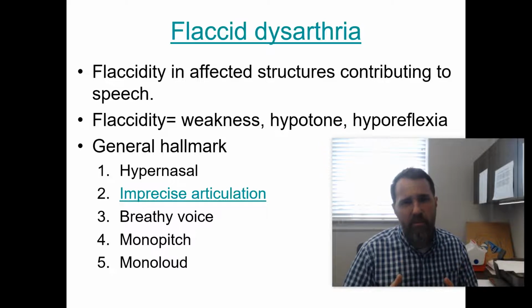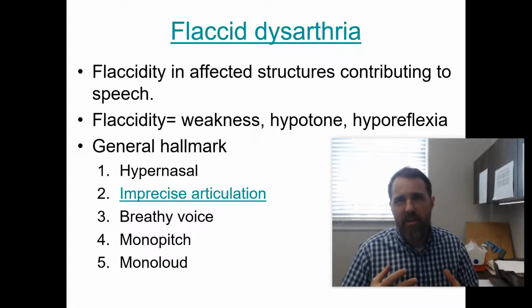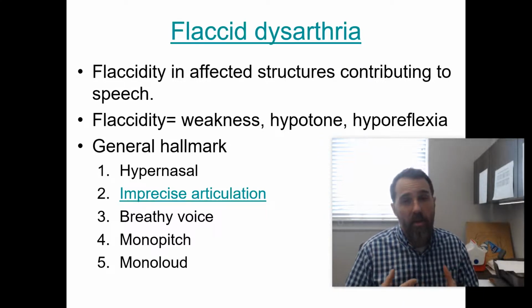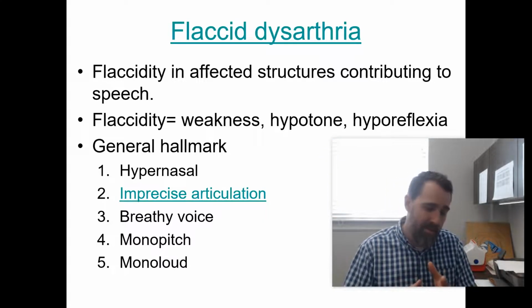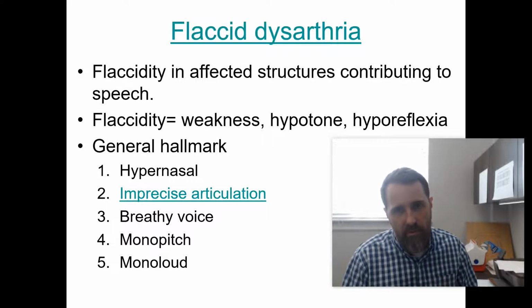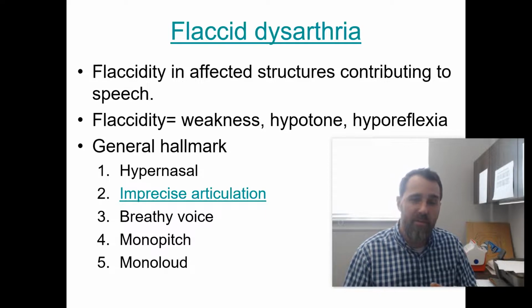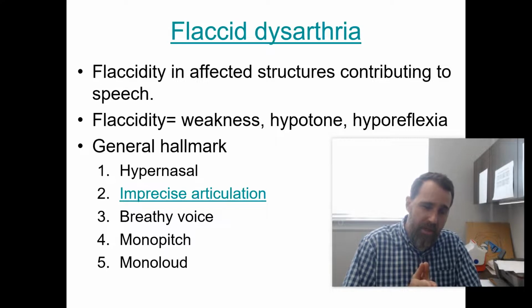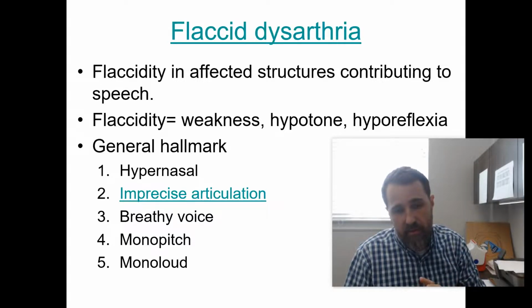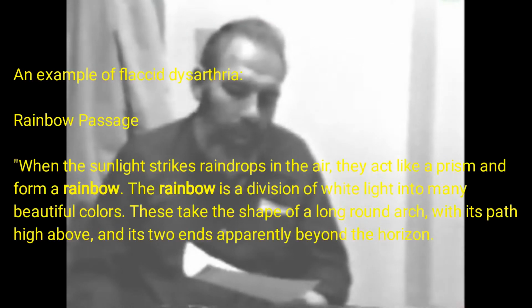There tends to be some imprecise articulation, which is usually caused by flaccid weakness of the lips and the tongue, breathy voice because of the weakness of the vocal folds, monopitch, monoloud, which tends to be due to the flaccidity of those intrinsic muscles of the larynx responsible for tensing and relaxing the vocal folds, and those muscles of adduction responsible for a lot of medial compression during phonation, which would be the interarytenoids, transverse and oblique.